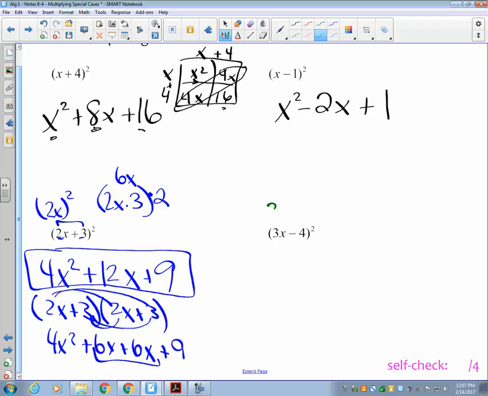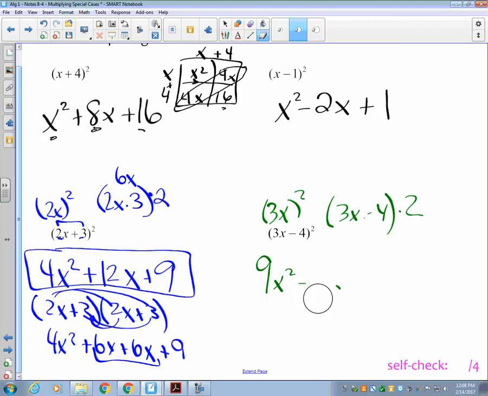So the first thing we have is 3x and it's squared. 3 times 3 is 9, and x times x is x squared. The second guy, I have 3x times negative 4, and I'm going to double it. 3 times negative 4 is negative 12, but we have to double it, so that's negative 24.